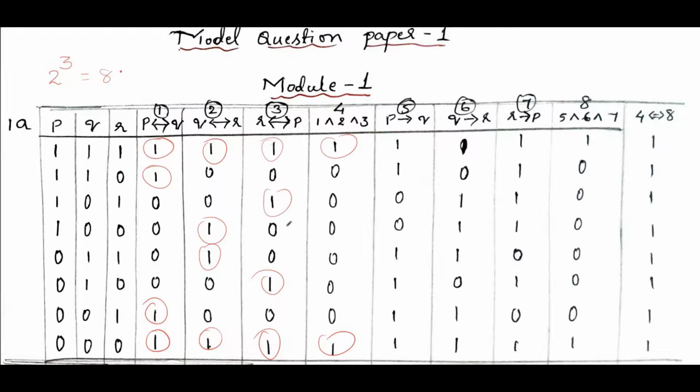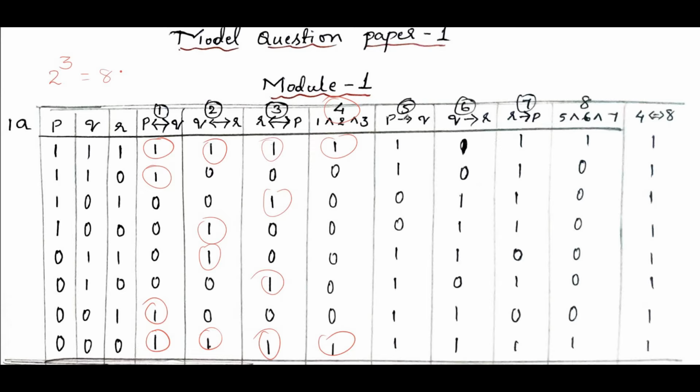So the remaining truth values will be 0, since there is a possibility of getting 1, 0. 1 conjunction 0 is always 0, or 0 conjunction 0 is always 0. So for that reason, I have put a 0. That is column number 4.